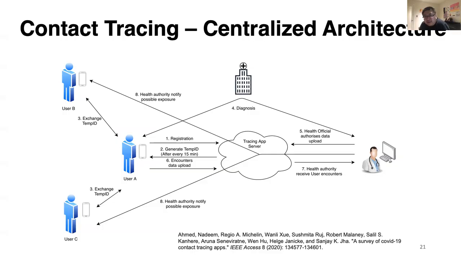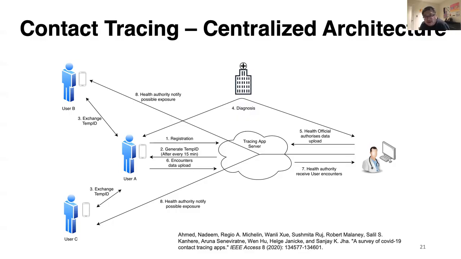The initial requirement for the app is that the user has to pre-register with the central server, and the server generates a privacy-preserving temporary ID for each device. This temporary ID is then encrypted with a secret key, which is known only to the central server authority, and sent to the device.